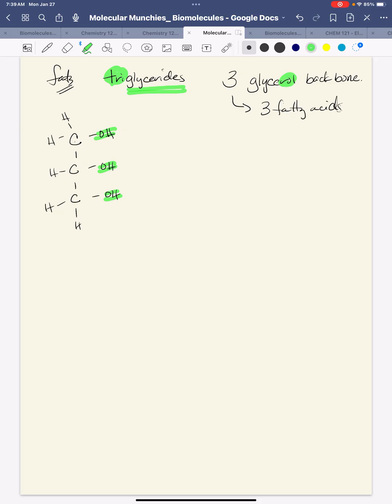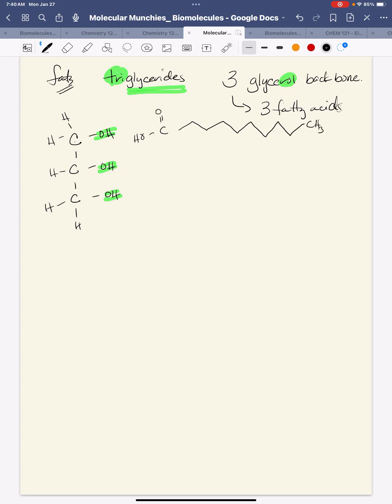Attached to that are 3 fatty acids, and fatty acids are basically a carboxylic acid end, and then they are a long chain of carbons. I'm just going to draw them in here, and then there's a methyl group on the end.